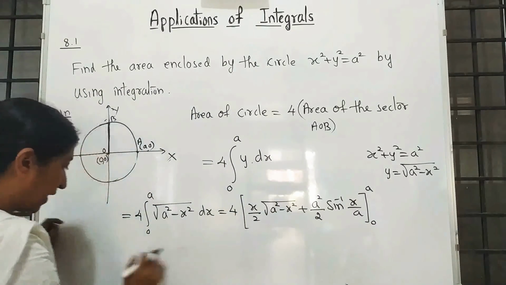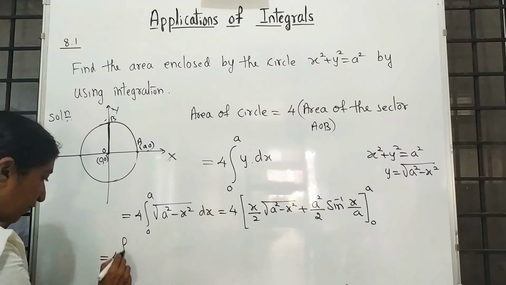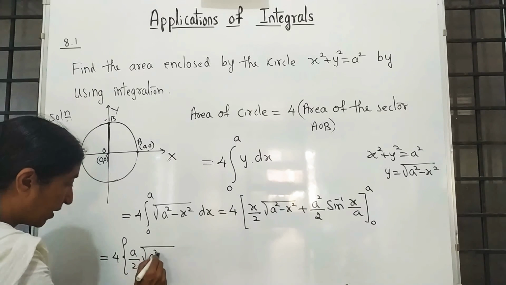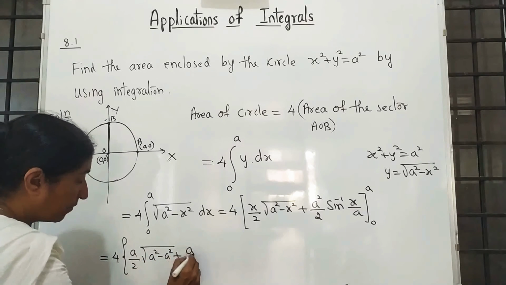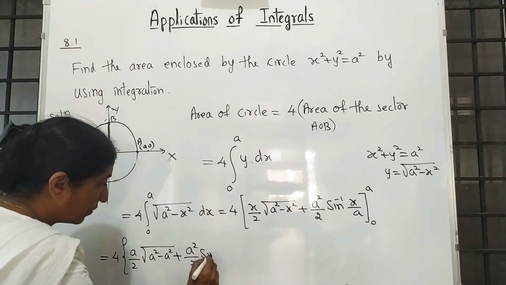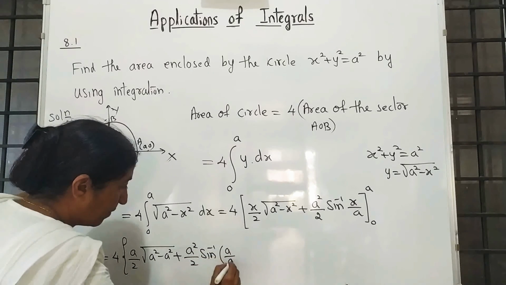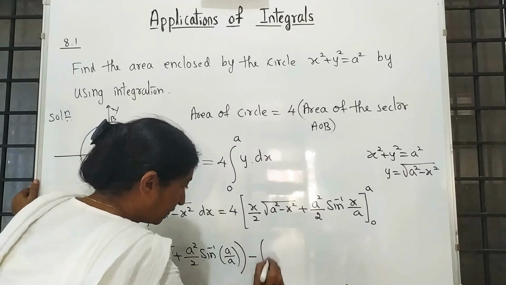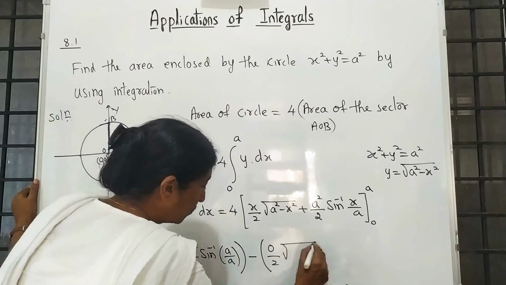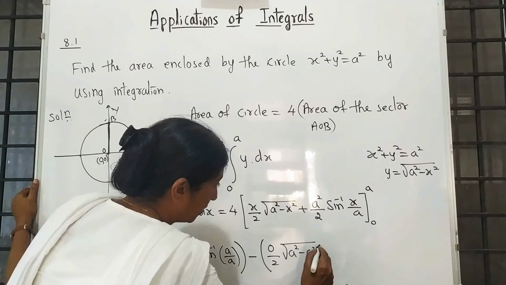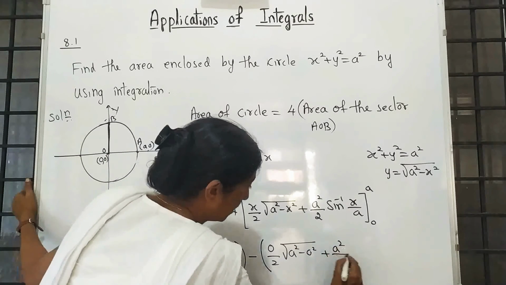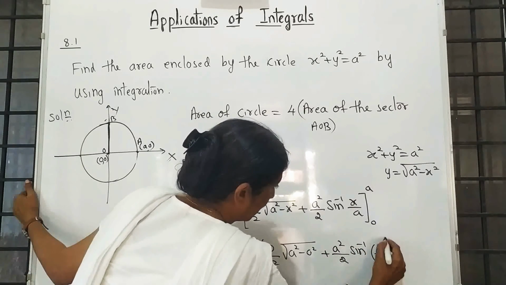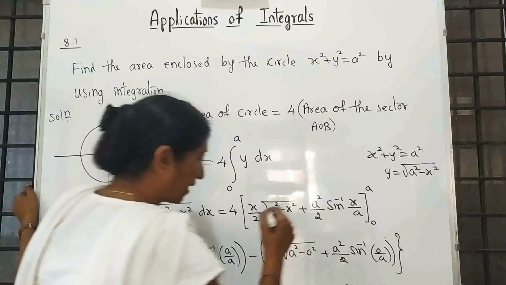Now substitute the values. 4 in the flower bracket. First I am writing the upper limit: a by 2 root of a square minus a square plus a square by 2 sin inverse of a by a, bracket complete, minus 0 by 2 root of a square minus 0 square plus a square by 2 sin inverse of 0 by a, bracket complete, flower bracket complete.